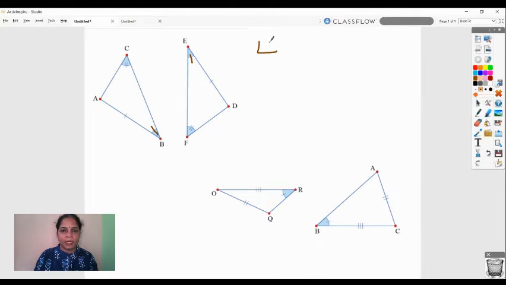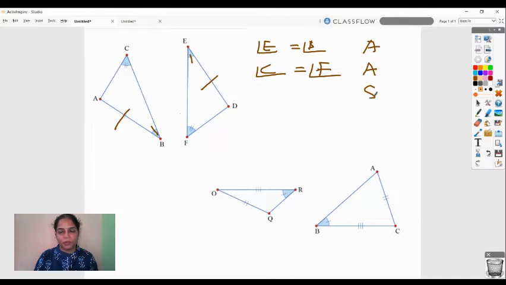That means angle E is equal to angle B. Then they have given angle C is equal to angle F. And the side that they have given is AB is equal to ED. Now, as I explained to you, you have got an angle, and one more side also they have mentioned.